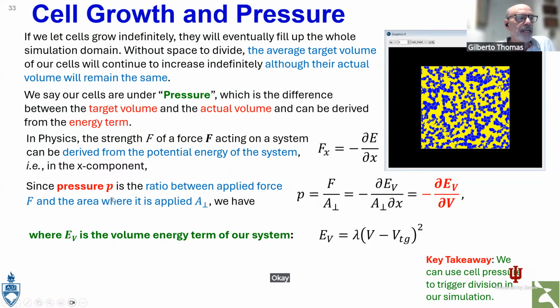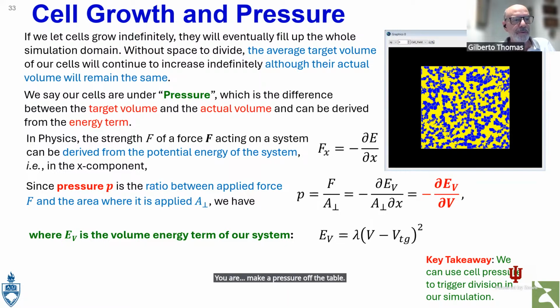However, pressure is the ratio between applied force on a surface divided by the area where the force is applied. This is the definition of pressure, force over area. When you press your finger over your table, you are making a pressure on the table.